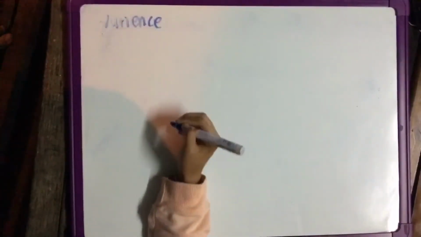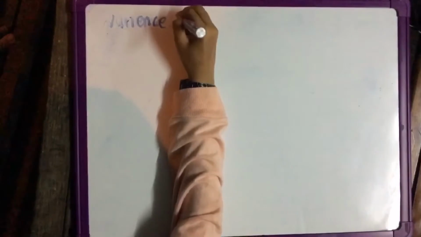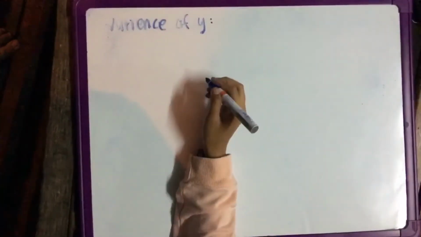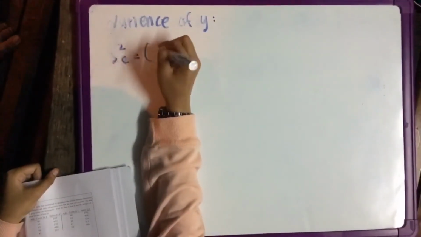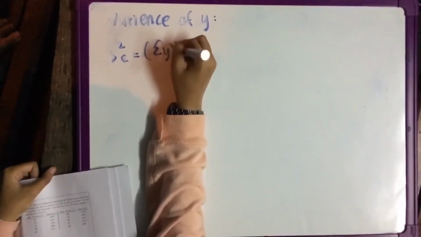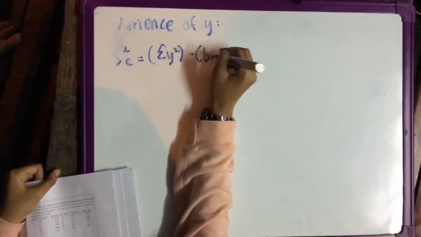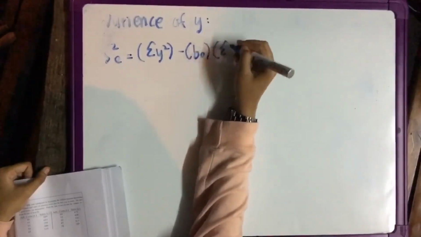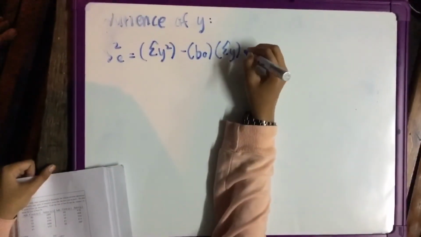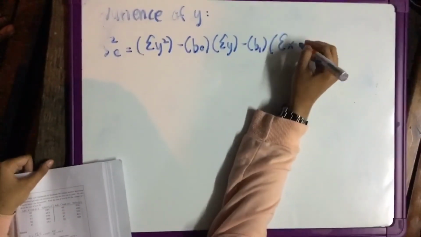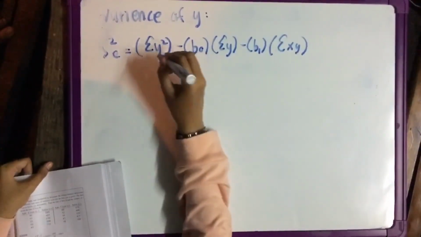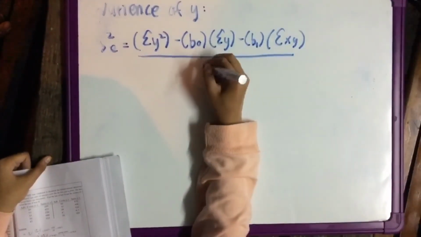Let's find the variance of y. To find the variance of y, you must use the formula s e square equal to total y square minus b naught multiplied by total y, minus b1 multiplied by total xy, over n minus 2.